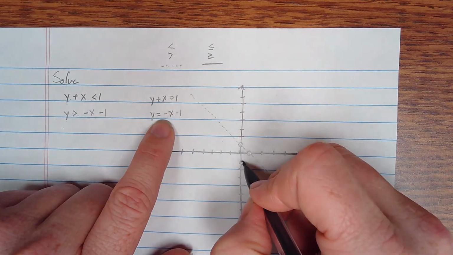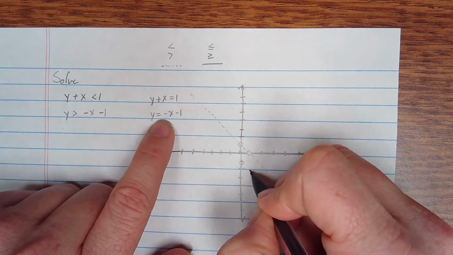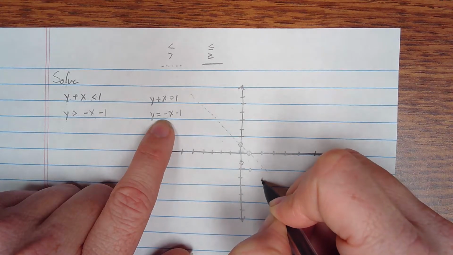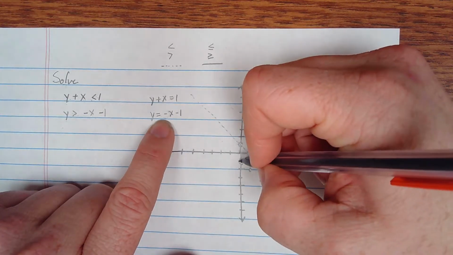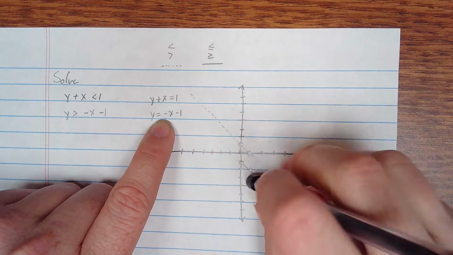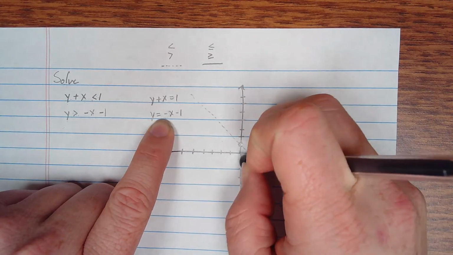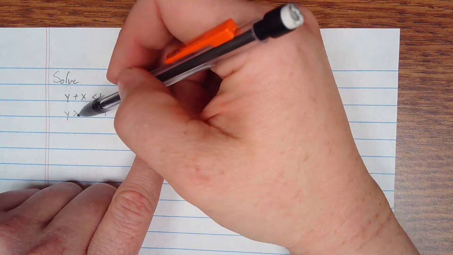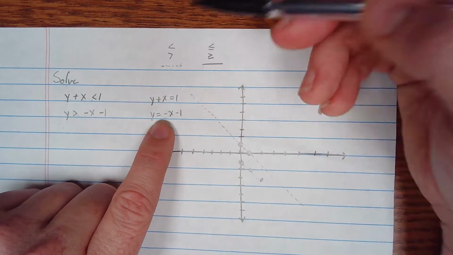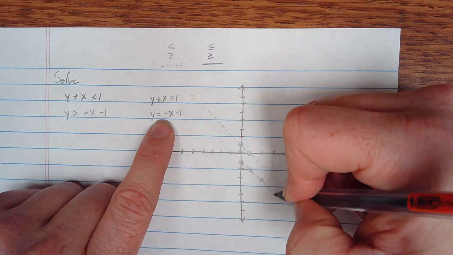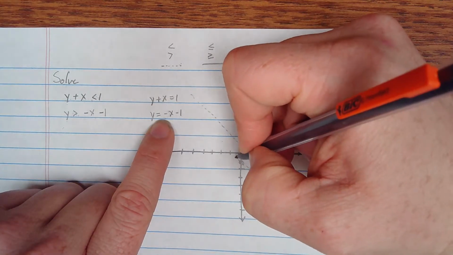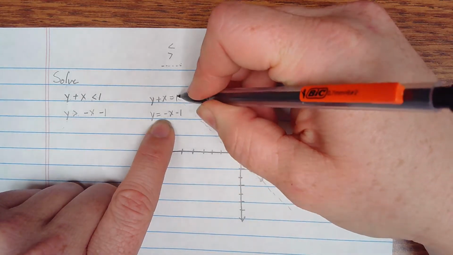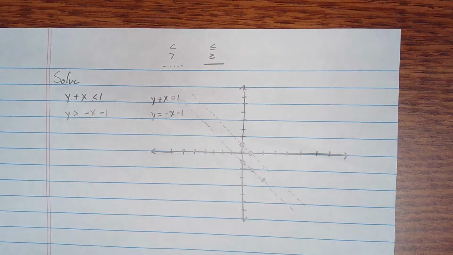That means as I go over 1, I go down 1. Over 1, down 1. Oops, I need to double check that this is going to be a solid line. So I look back over here, I don't have an equals to, so I'm going to have another dotted line. And these are parallel lines.